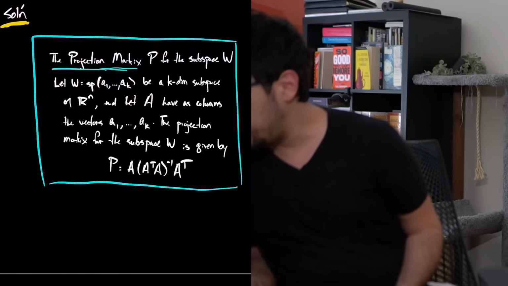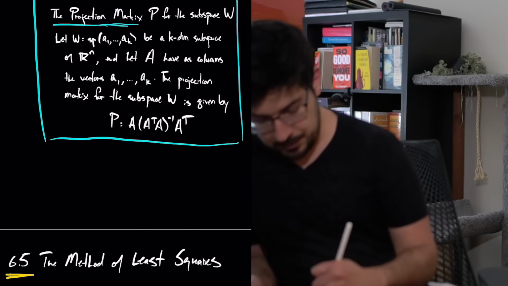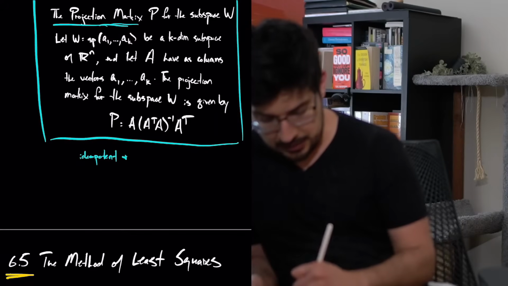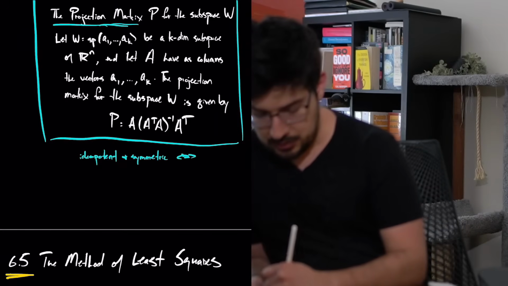Conversely, every n by n matrix that is both idempotent and symmetric is a projection matrix. So idempotent and symmetric is equivalent to projection matrix.